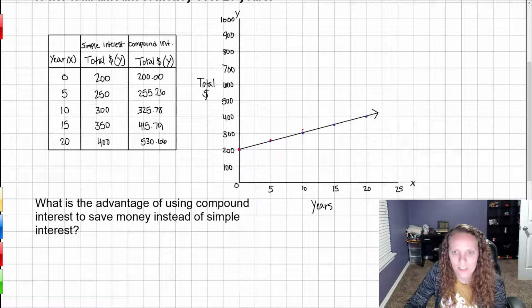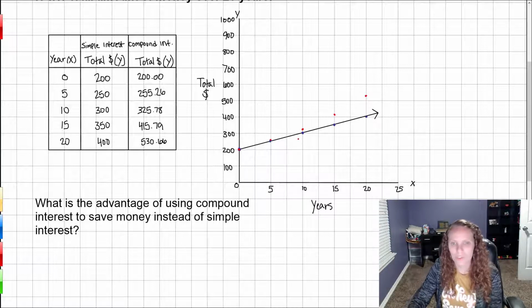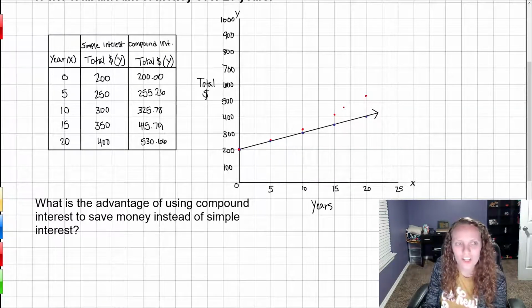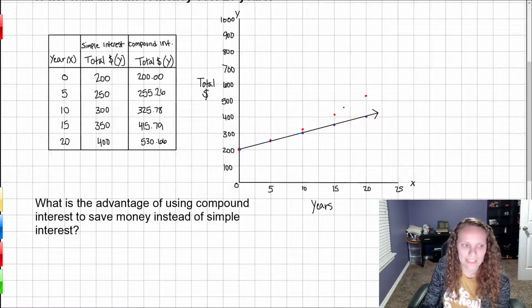If you notice, it's a little above each time. 15 years, 415. And then 20 years, 530. So if you notice, this one was not a consistent rate of change, where the simple interest is.